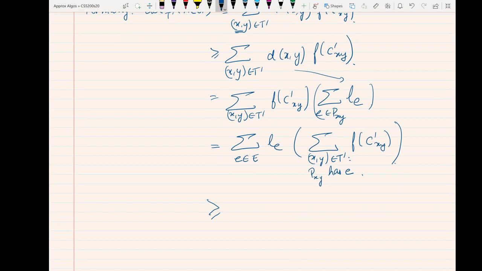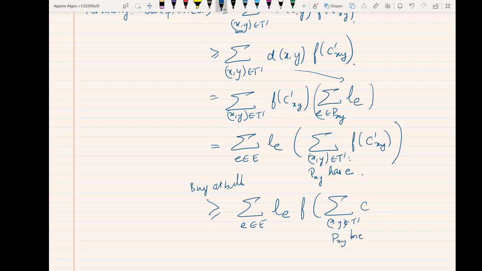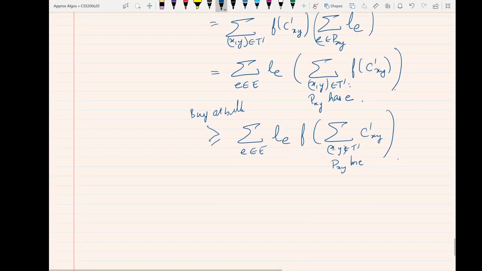This we know by the subadditivity property is at least this quantity here, and this we know is exactly the amount purchased in our solution.